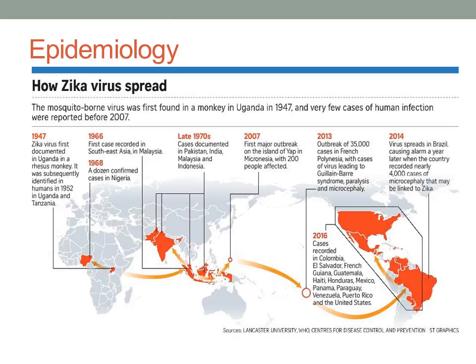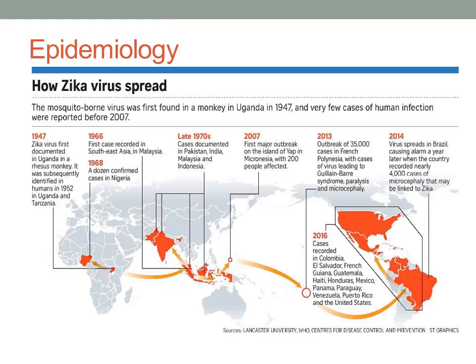But all of that changed in 2007 when the first large outbreak of Zika was reported on the Yap Islands in Micronesia. Many scientists believe that the 2007 strain of Zika had mutated from the original virus found in Uganda with increased virulence.